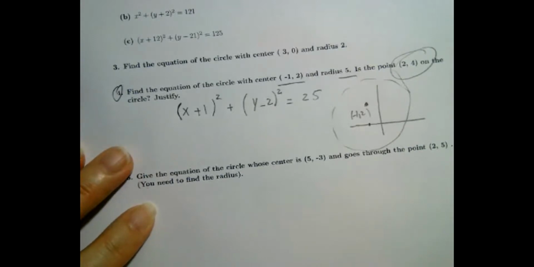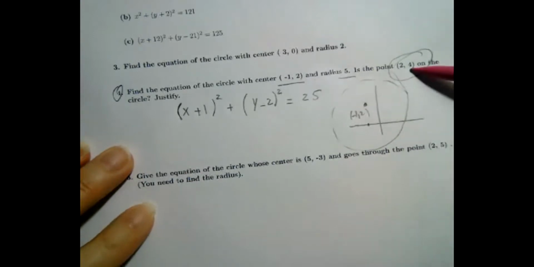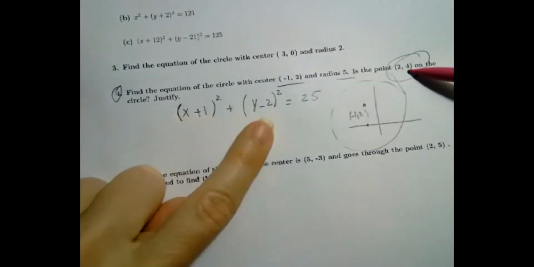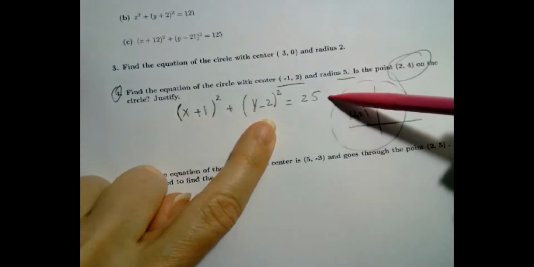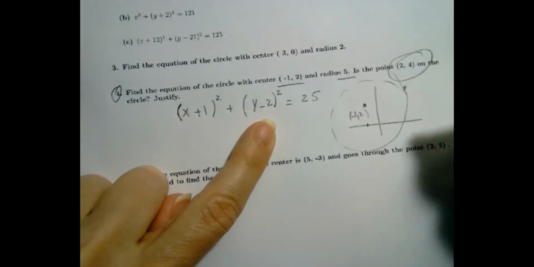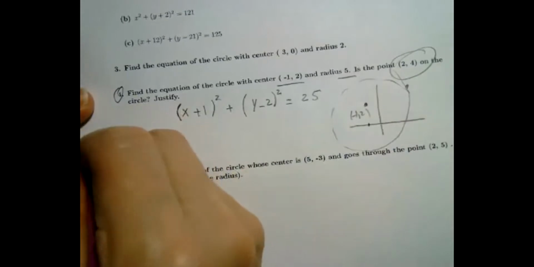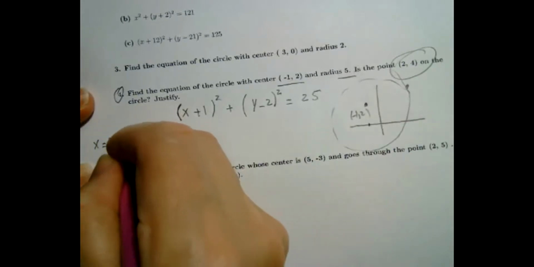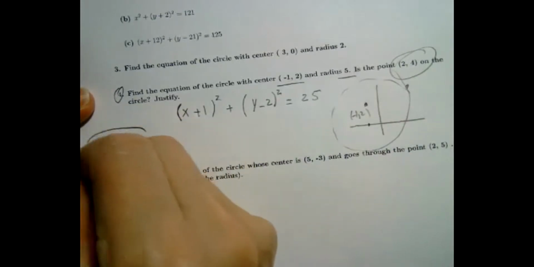The check is you plug in 2 for x and 4 for y. If the equation is satisfied, it means your point is on the circle. If it's not satisfied, the point is not. Are you with me? We set x equal to 2 in the equation and y equal to 4.